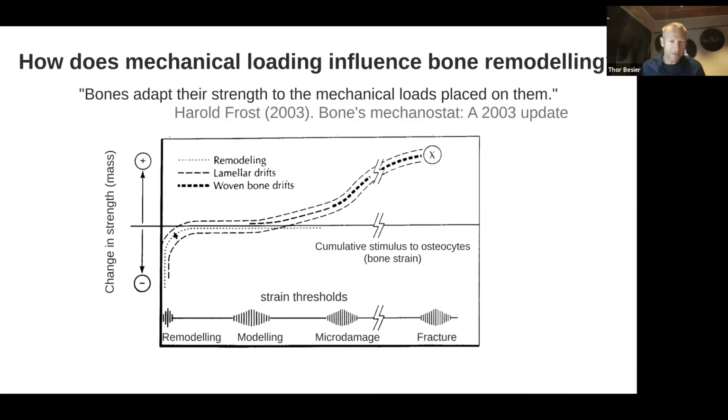And likewise, if you go the other direction and you reduce the stimulus to the bone, the classic studies that have shown this are bed rest studies. It's well known, of course, in astronauts who experience zero gravity, that without load, you get a rapid deterioration in the strength of the bone. So the mass goes down, the porosity can increase, and you get reduction in strength.